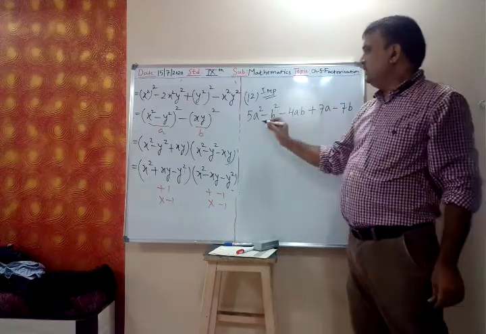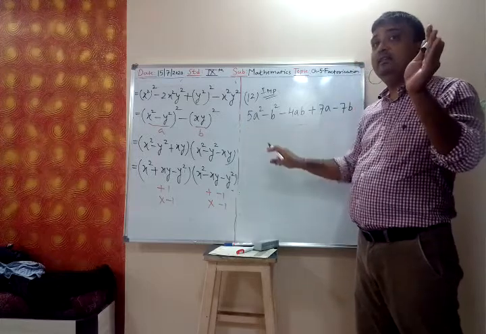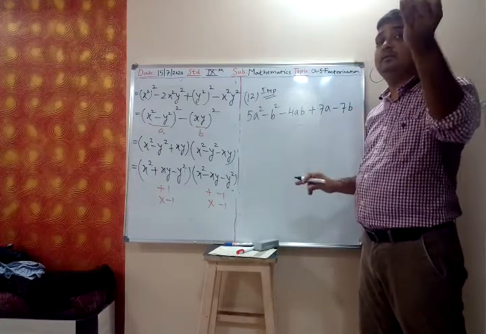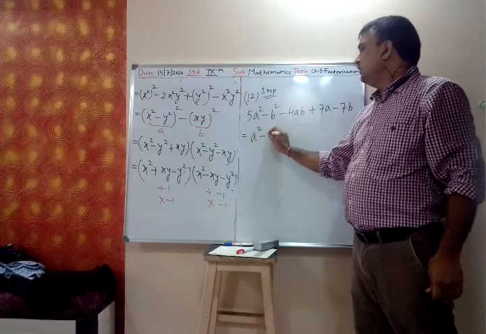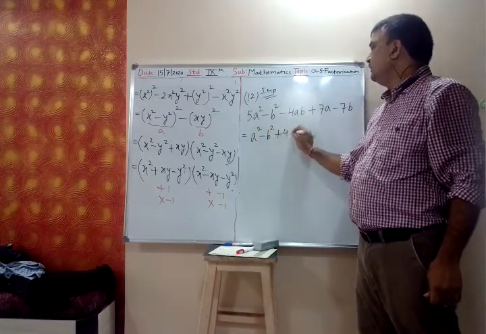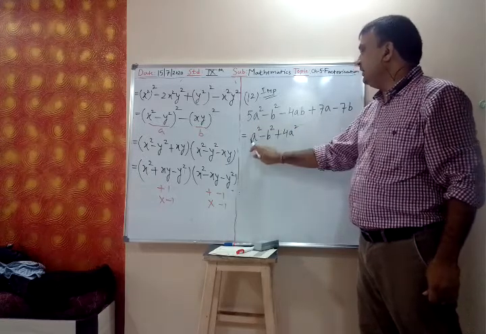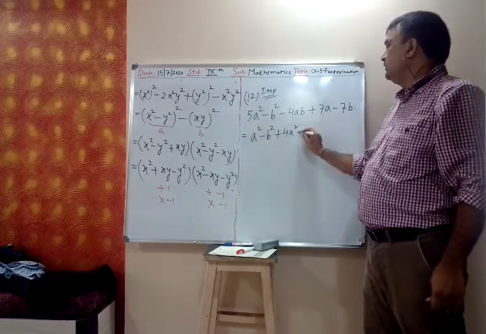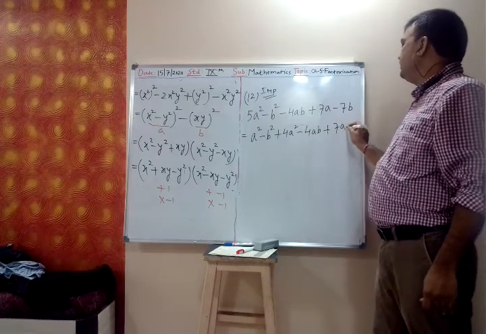So in this I will split 5a square so that I get 6 terms. 5a square I write as a square plus 4a square. See what I am writing: a square minus b square plus 4a square minus 4ab plus 7a minus 7b.